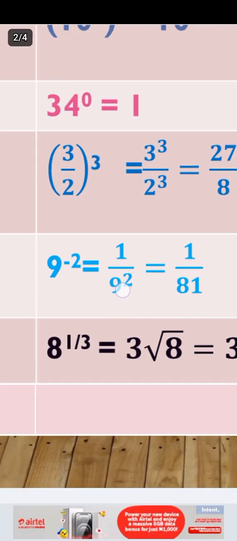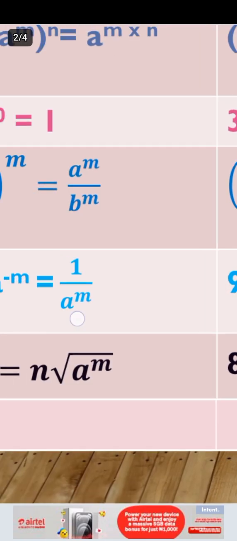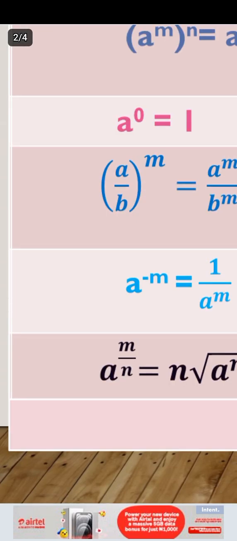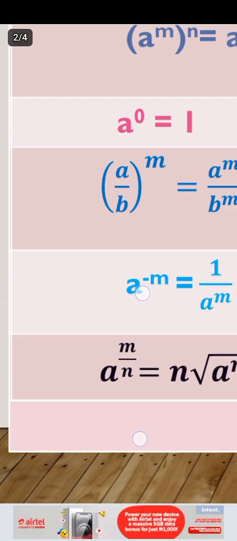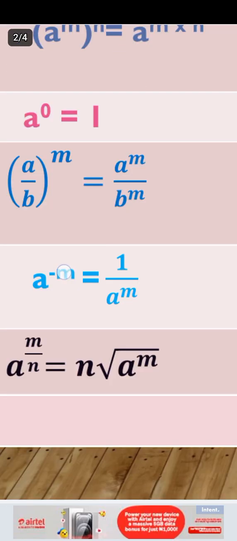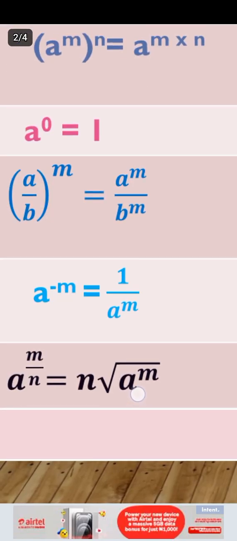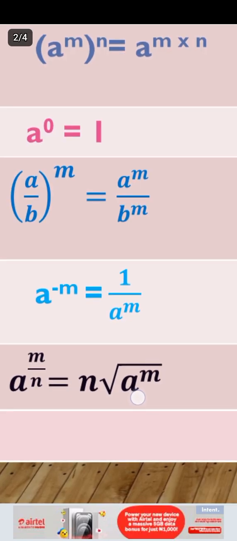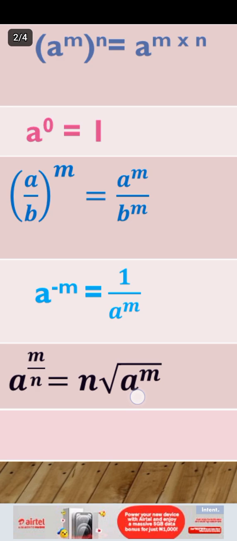Now, the fractional indices rule says a raised to power m over n. M over n is the fraction to which a, which is the base, is raised. The numerator of this fraction is m, and the denominator is n.